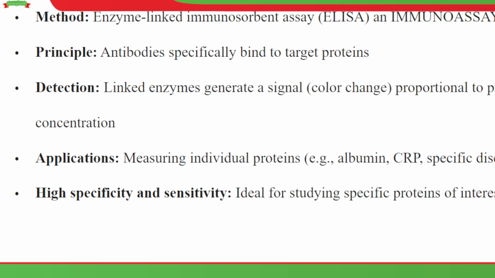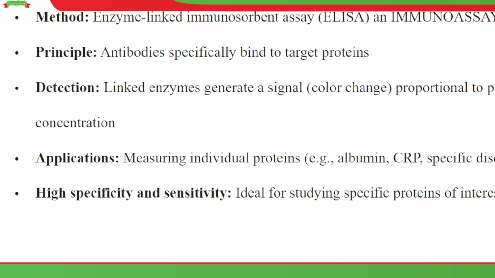Then let's look at the next method, which is the enzyme-linked immunosorbent assay, ELISA, or you just say the immunoassay method. It works on the principle of antibodies specifically binding to target proteins. Antibodies are specific in nature mostly, and they bond to a particular protein. So how do you detect them?